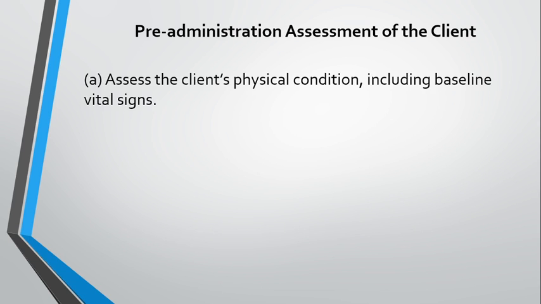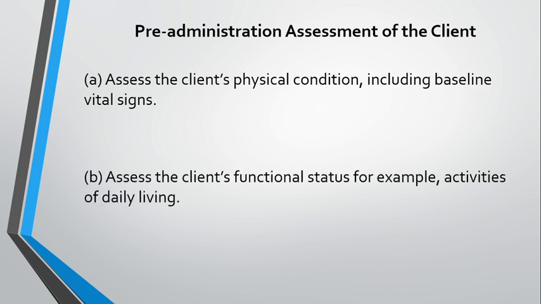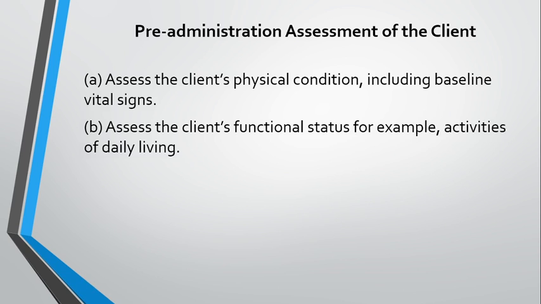Before cancer chemotherapeutics are administered, there has to be an assessment. You have to assess the client's physical condition. You have to monitor the patient's baseline vital signs, and also assess the client's functional ability, his day-to-day living.